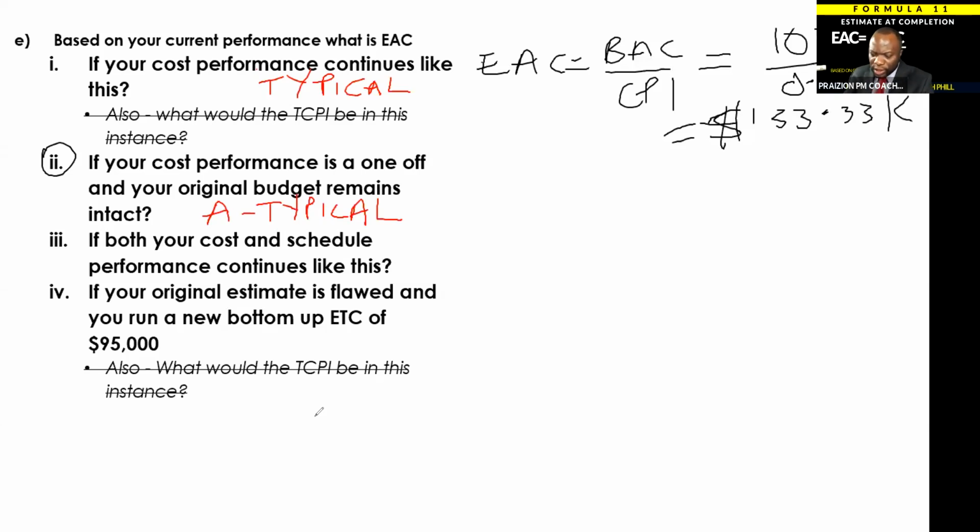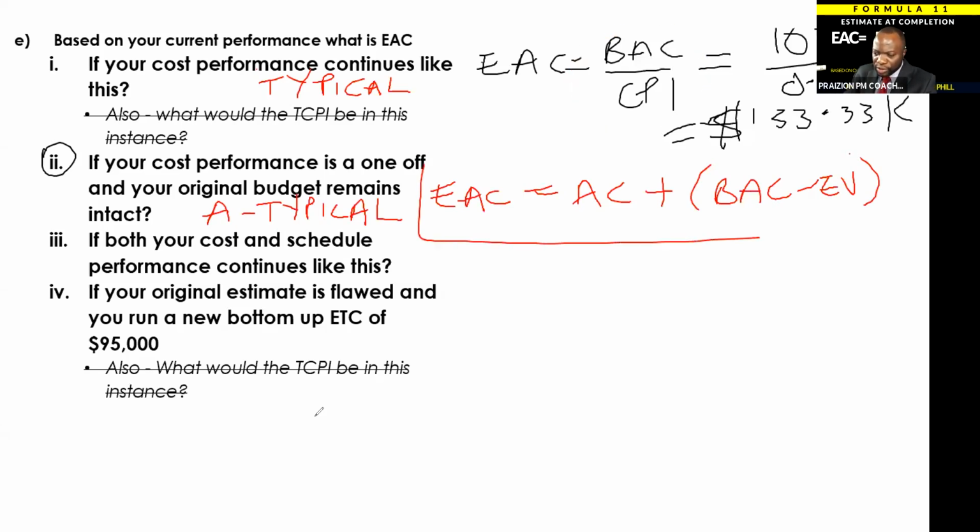So Willanda's formula, we would say EAC equals AC plus BAC minus EV. That would be the formula to use for atypical. For typical, use BAC divided by CPI. For atypical, use this one.